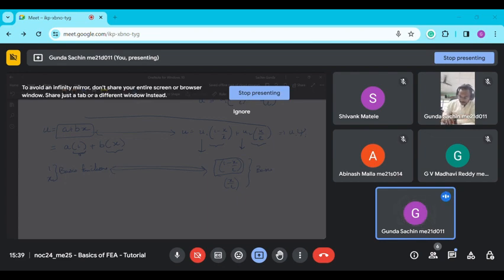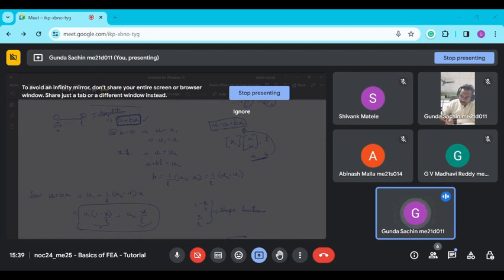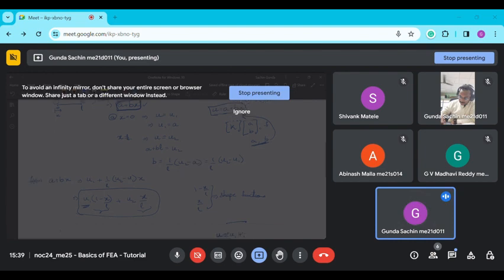You can call 1 and x basis functions. When you say shape functions, we indirectly say that those shape functions should be multiplied by the solution at the nodal points to get the interpolation. You get it, right?